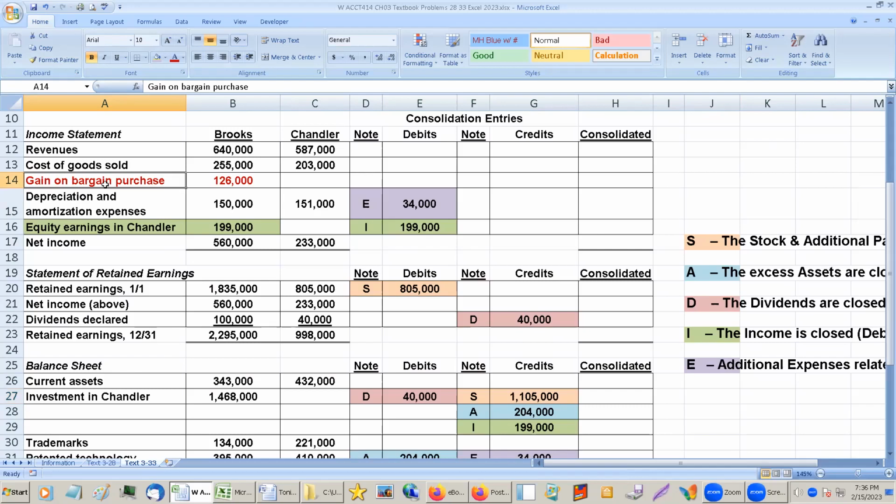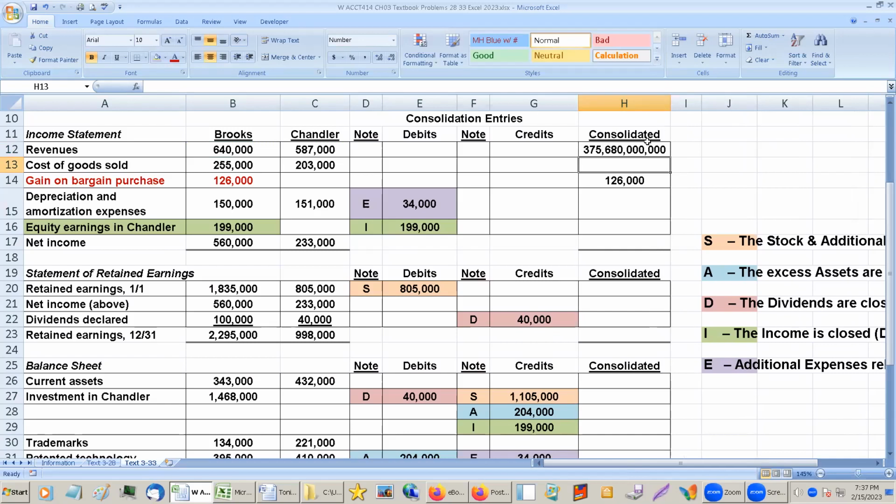All right, guys, push them together. Now, remember this bargain purchase. I'm going to do this one first. This one is a plus. Oh, I multiplied them. Oopsie daisy.